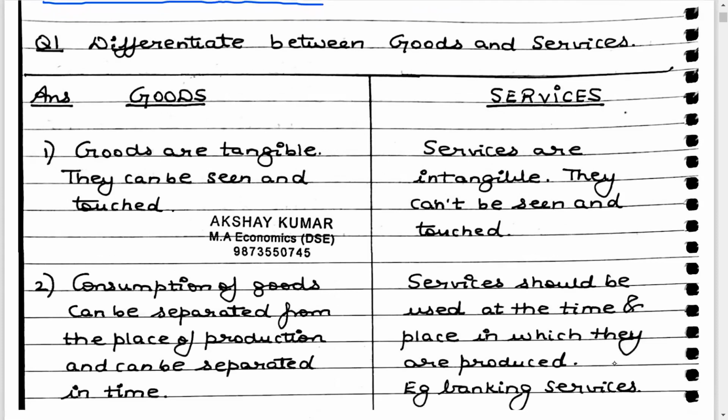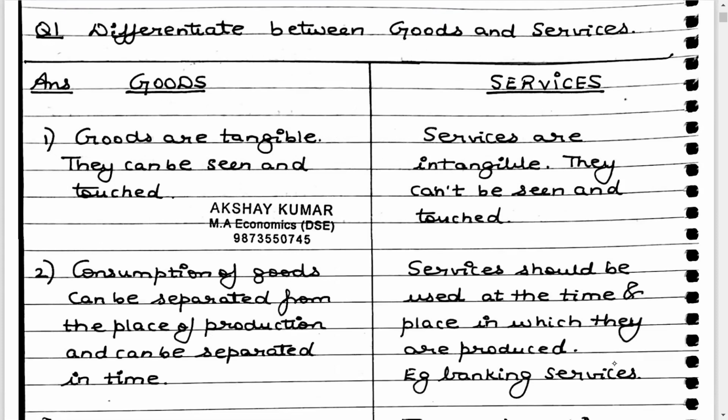So the first question which all students can see on your screen, the difference between goods and services. Whenever a question is asked to differentiate between two things, it always has to be answered in tabular format.